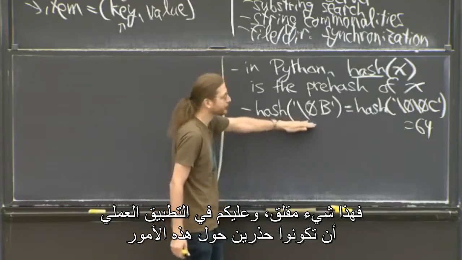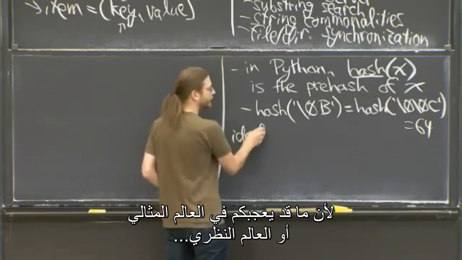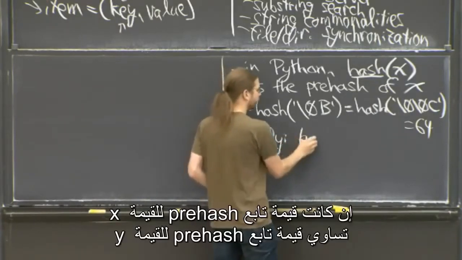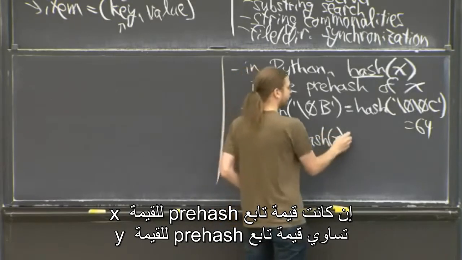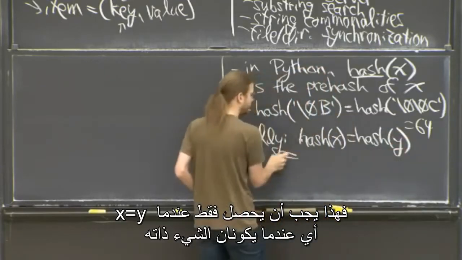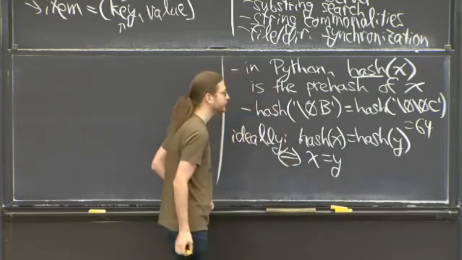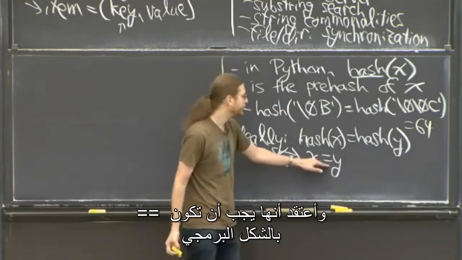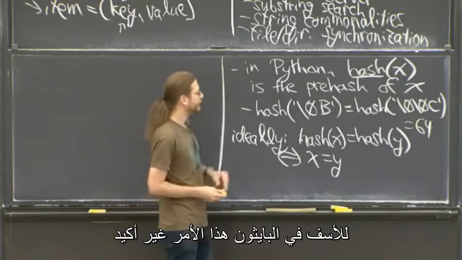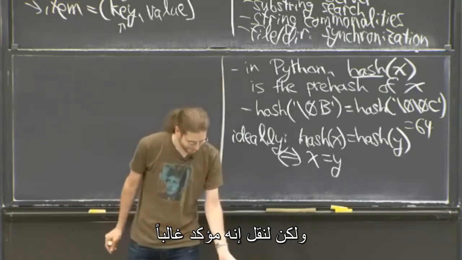In practice, you have to be careful about these things, because what you'd like in an ideal world, and in the theoretical world, is that if the prehash of x equals the prehash of y, this should only happen when x equals y, when they're the same thing, in the equals sense, I guess, would be the technical version. Sadly, in Python, this is not quite true, but mostly true, let's say.